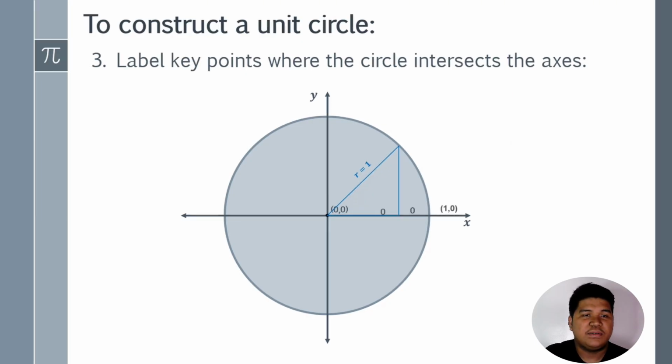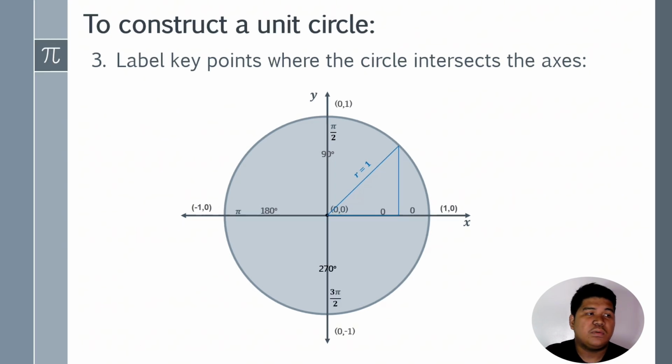(1, 0) at 0 degrees or 0 radians. (0, 1) at 90 degrees or pi over 2 radians. (-1, 0) at 180 degrees or pi radians.